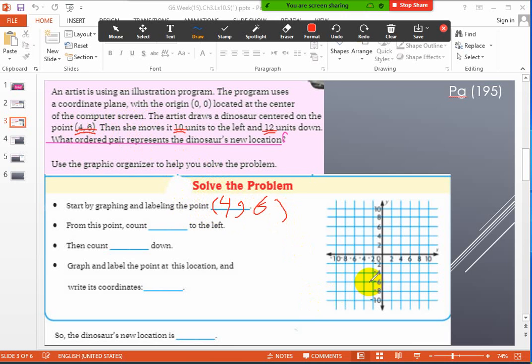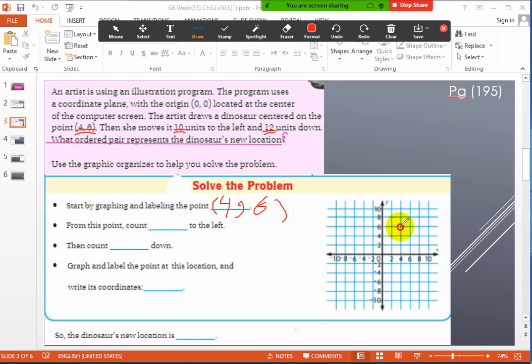As we know, first thing, the first coordinate is x, the second one is y. So x is 4, that means I have to count 4. This is x here. The y is 6. So I will count on the y-axis 2, 4, 6.